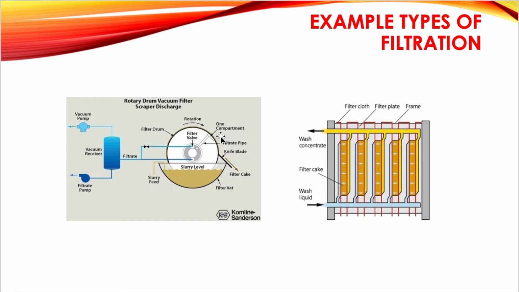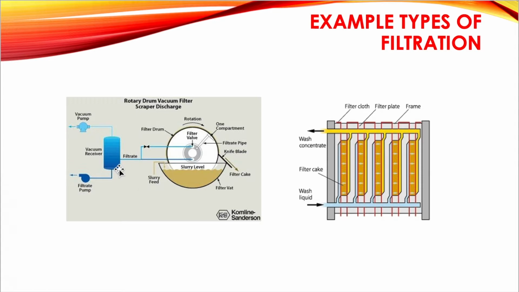If you can see, for the rotary drum vacuum filter, the drum will rotate and touch the slurry of our liquid, and there's a vacuum that will be the force that sucks the slurry.